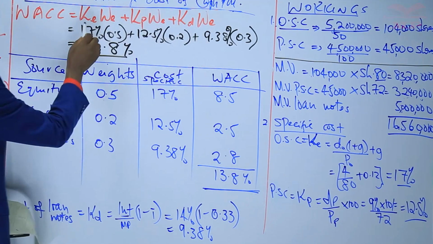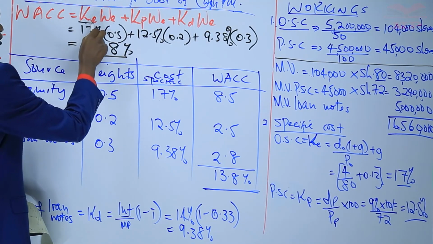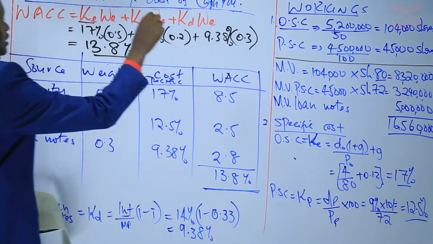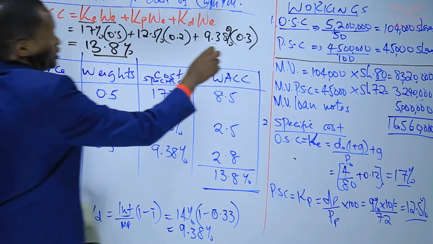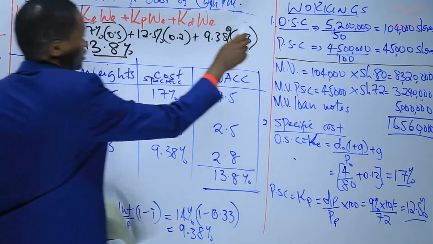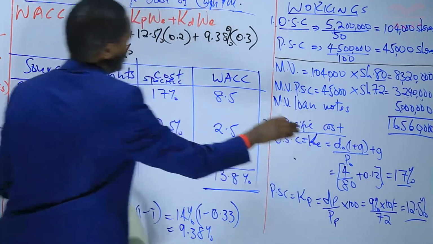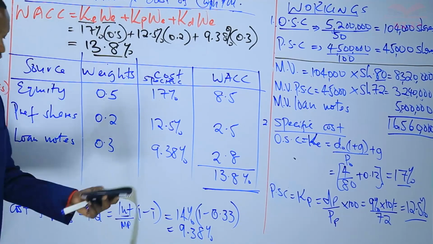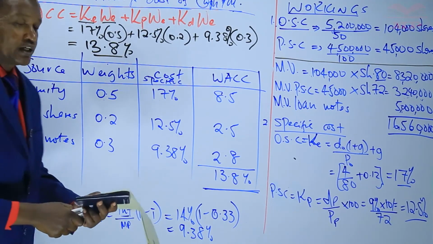So you only need to calculate the specific costs, as you have done here. Then you calculate the weights as you have calculated there. Then you apply the variables in the formula to arrive at the weighted average cost of capital.